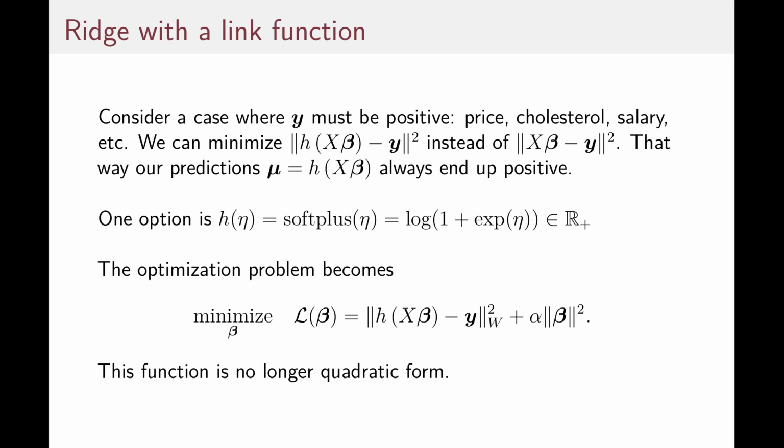Well, here's another option. We could introduce a function h that maps to positive numbers, and we can minimize h of X beta minus y instead of X beta minus y. This way, our predictions will always end up positive. One option for such a function h would be the softplus function.